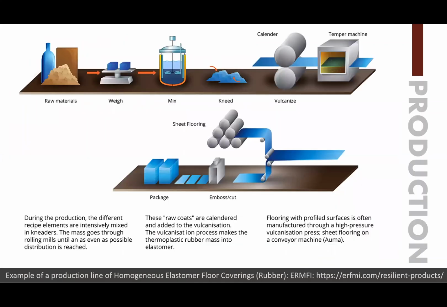This production line looks at rubber in terms of how it is made. It is also a calendared product, and it's vulcanized through a process. The vulcanization process also includes adding heat, and it is then calendared into sheet flooring, and the sheet flooring can then be cut into tiles if it's rubber tile, or it can be left in sheet form.